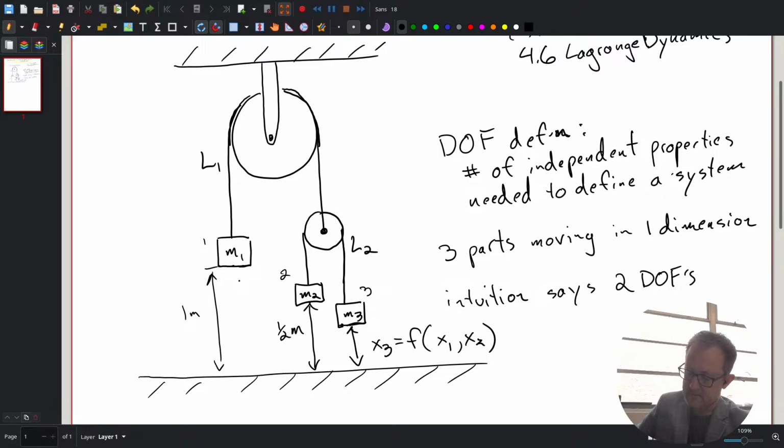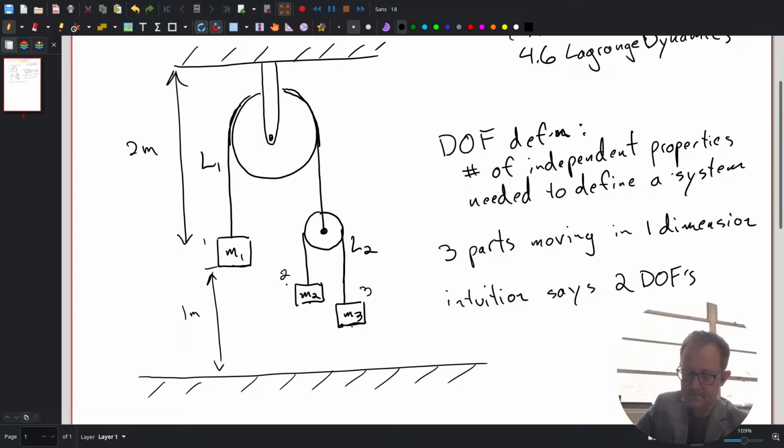So I can't say that this is 1 meter and then my other coordinate is that this is 2 meters, and then try to figure out the position of mass 2 based on just 2 different positions of mass 1.